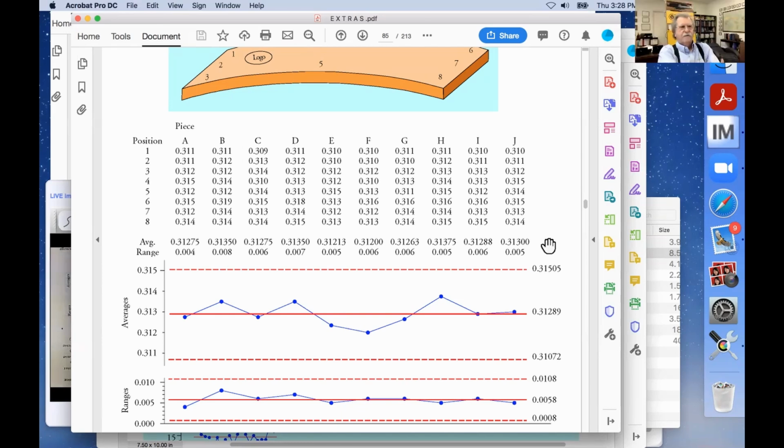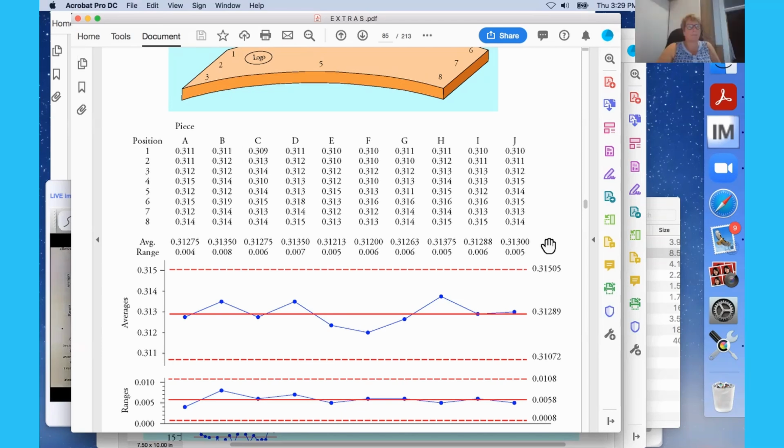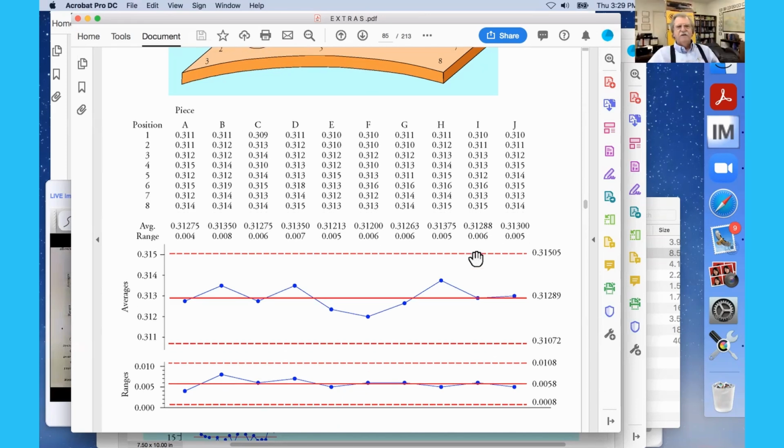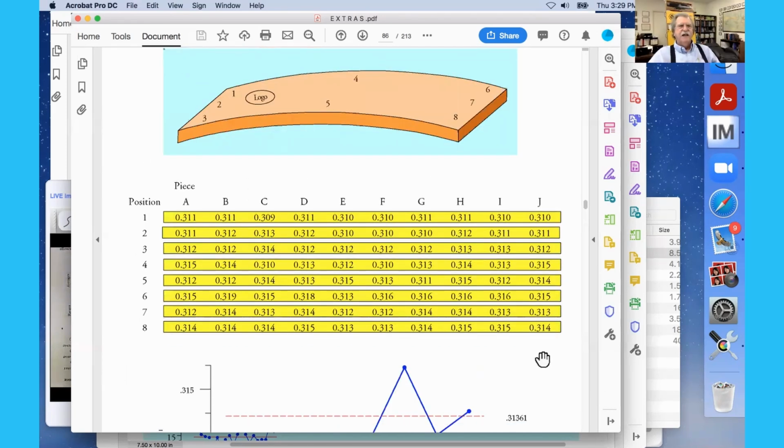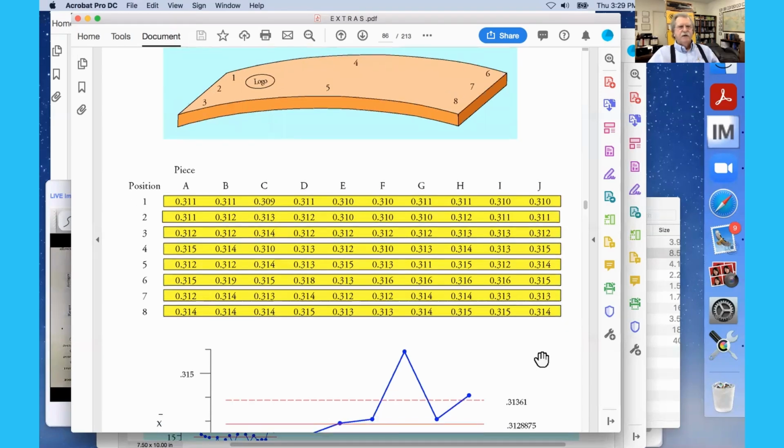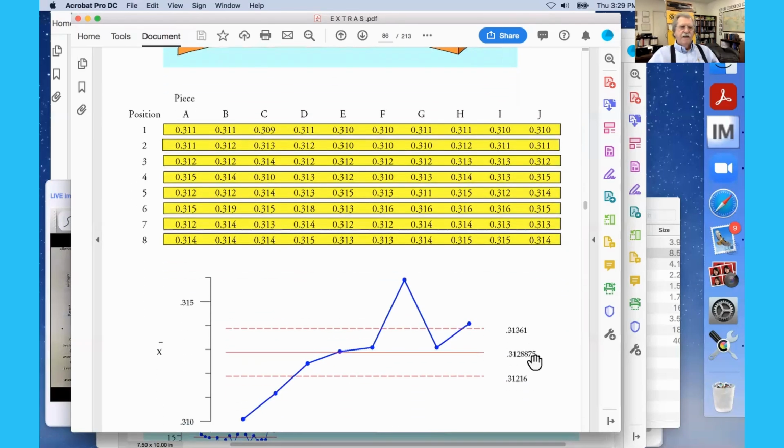Because it's a grouping by piece, you have to group by the position. The two ends are subgrouped together, aren't they? Yeah. So how would you reorganize the data to answer that question? You'd have to have 8 groups of 10. Well, that's one solution, 8 groups of size 10. And when you do that, you get this chart. Positions 1 and 2 are thin, and 6 and 8 are thick.